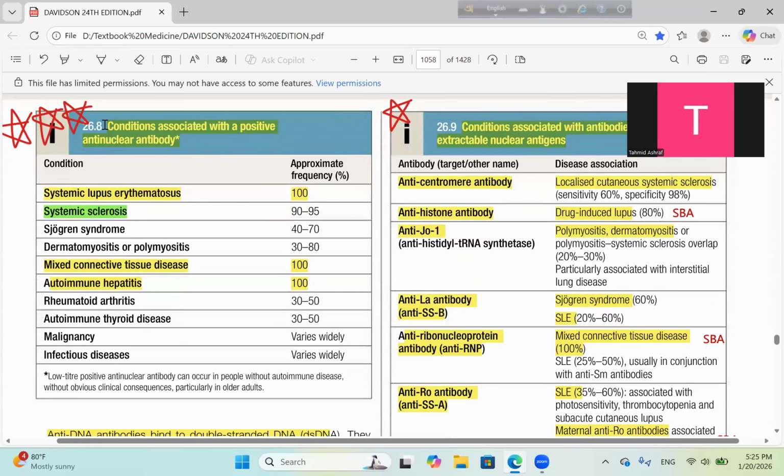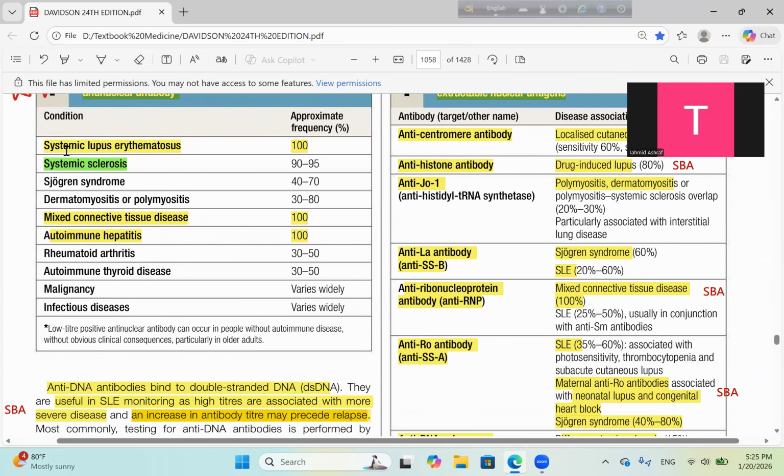Okay. Now we see another box, 26.8, conditions associated with a positive ANA, positive anti-nuclear antibody. So you see, in SLE, the sensitivity is 100%. There are some other diseases which are 100% sensitive for ANA: mixed connective tissue disease and autoimmune hepatitis. So these 3 diseases test 100% positive for ANA.